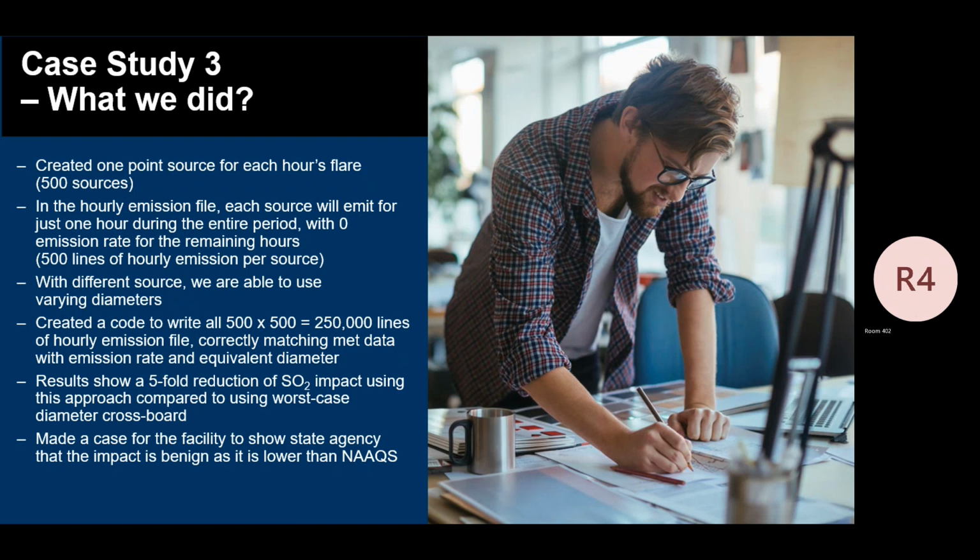I feel kind of sorry that AERMOD doesn't allow you to vary diameter or height, which makes sense, because who would have a stack varying in diameter and height, right? But when they were writing that AERMOD code, they didn't think about using it for flares. So that led us to do this.